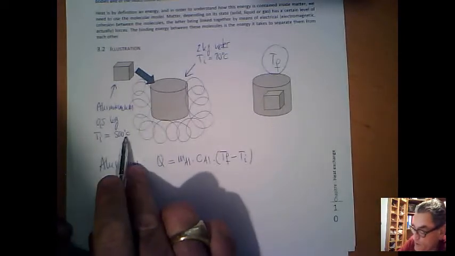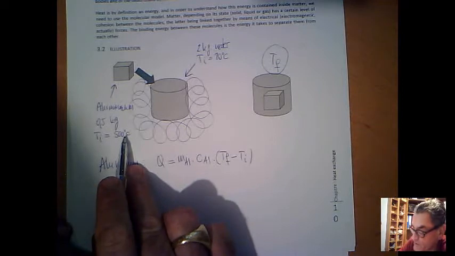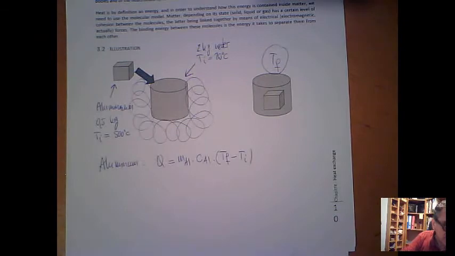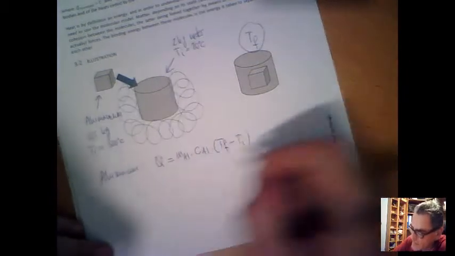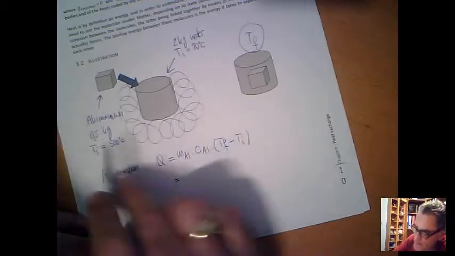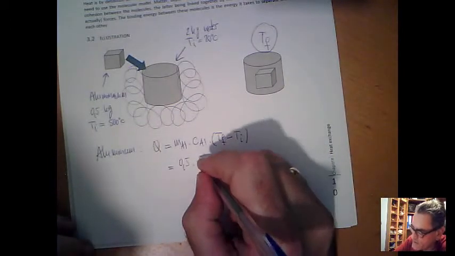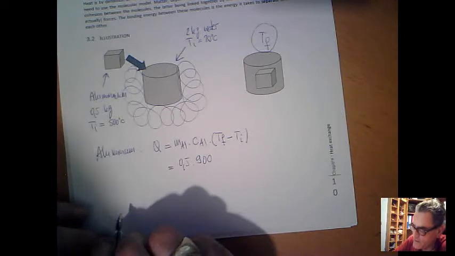And the initial temperature, we know it's 500 degrees. And the C of the aluminium, I had that somewhere, maybe in the previous pages we had a table with that. Yes, aluminium was 900. So now the mass of aluminium is 0.5 kilograms. The C of aluminium is 900.